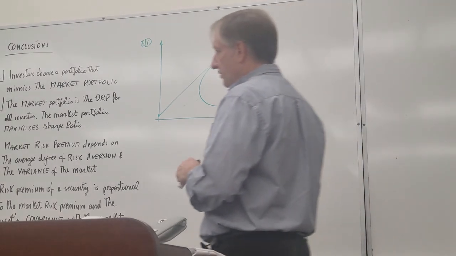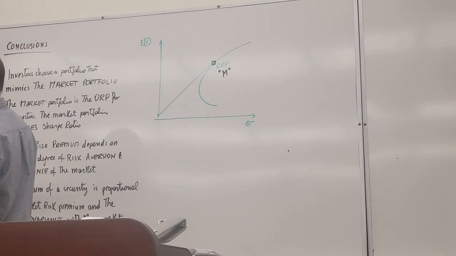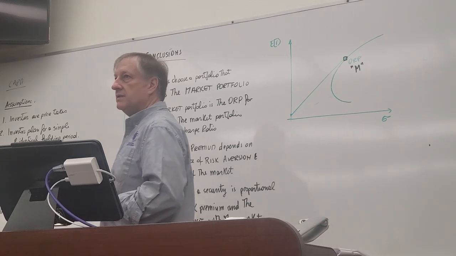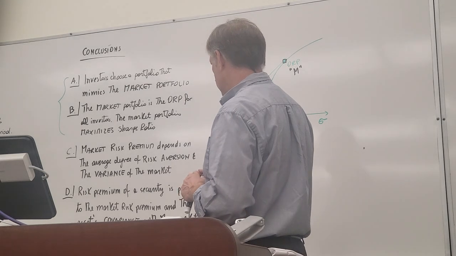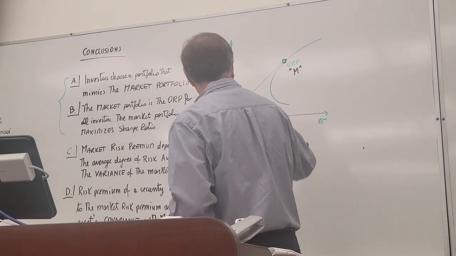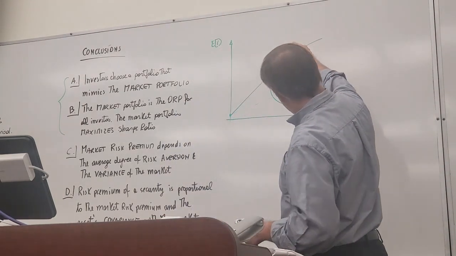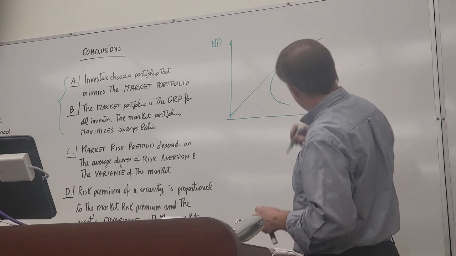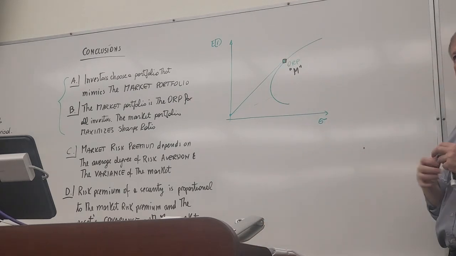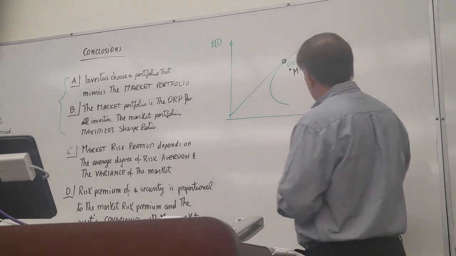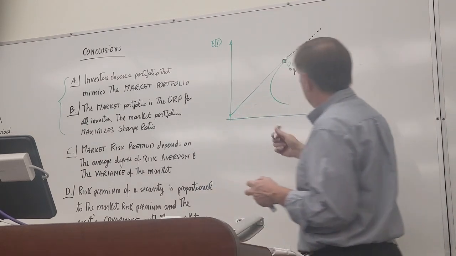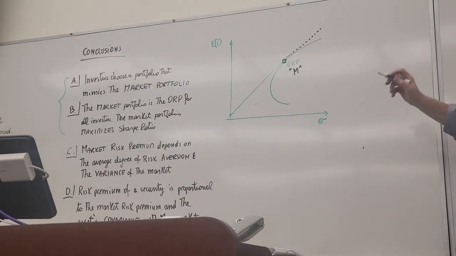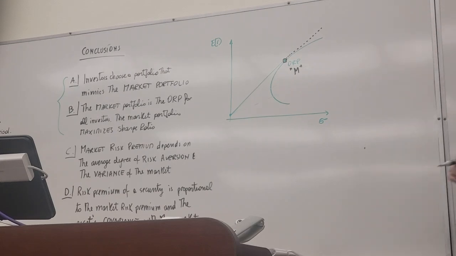Now, the assumptions do not talk about specific risk preferences. So this leads to part C. The market risk premium depends on the average degree of risk aversion and the variance of the market. Even though all investors are best off with this specific risky portfolio, all investors can also use leverage, so they can extend this capital market line.